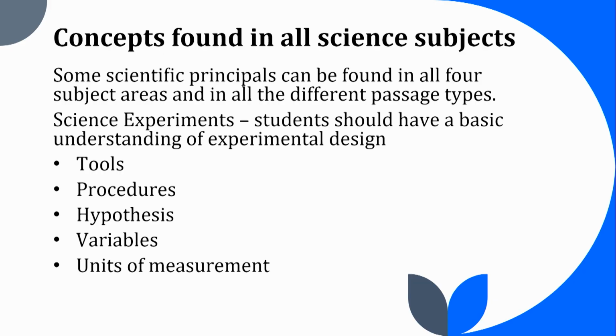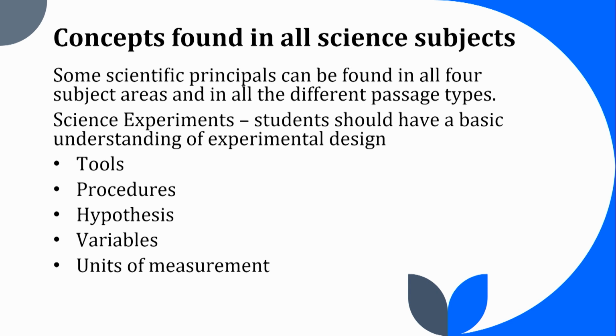So I wanted to talk about some concepts that are found in all science subjects, okay? So some scientific principles can be found in all four subject areas and in the different passage types. So for science experiments, students should have a basic understanding of experimental design. So you're going to need to know what some of the tools do, what some of the lab equipment does. You're going to need to know about how to talk about procedures in an experimental design process.